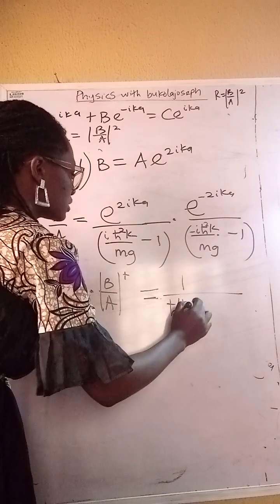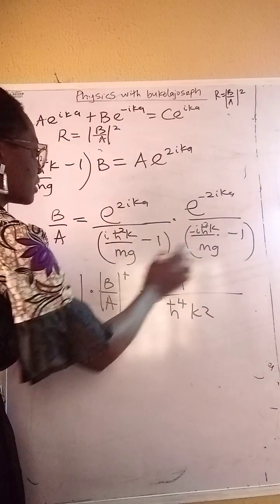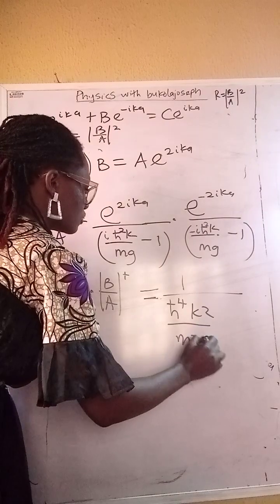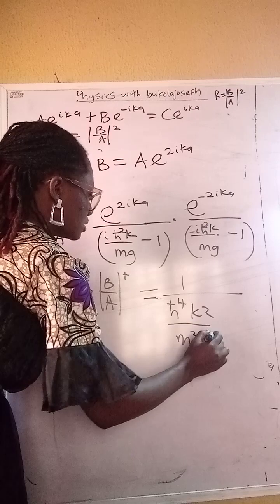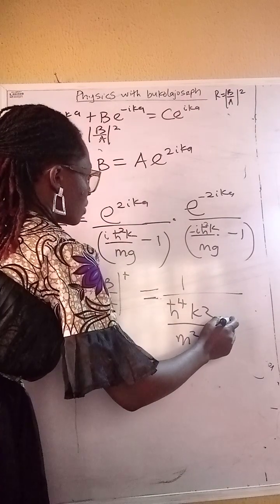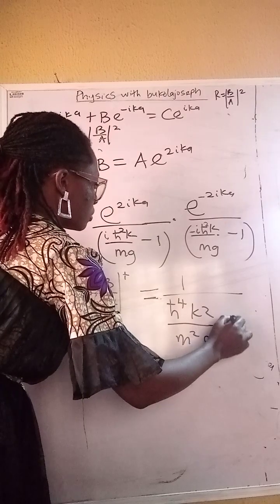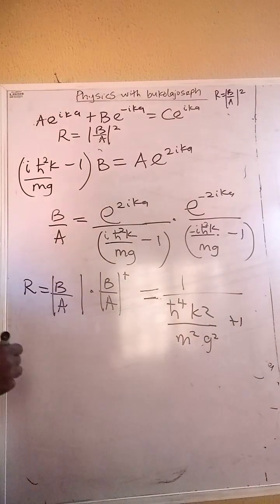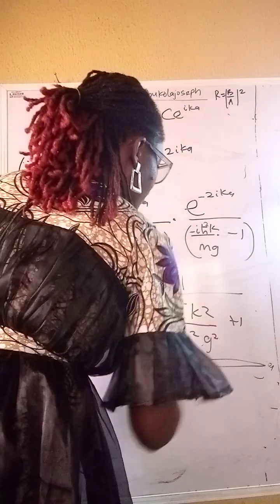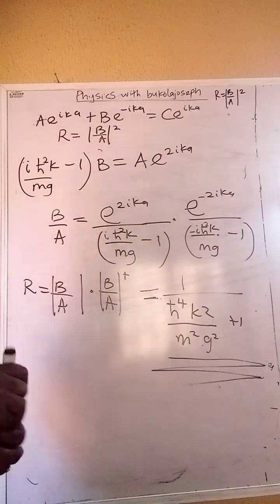This times this will give us k squared. m times m will give us all over m squared. g times g will give us g squared. 1 times 1 will give us 1, plus 1. Minus 1 times minus 1 will give us plus 1. And this is the reflection coefficient.